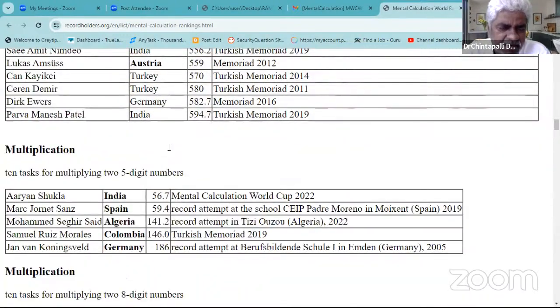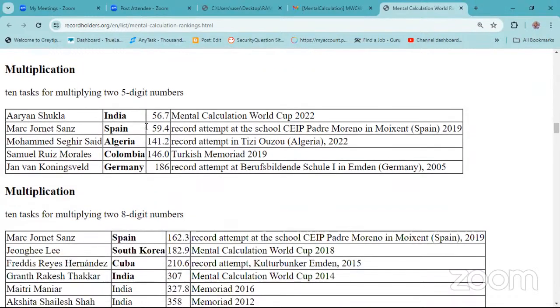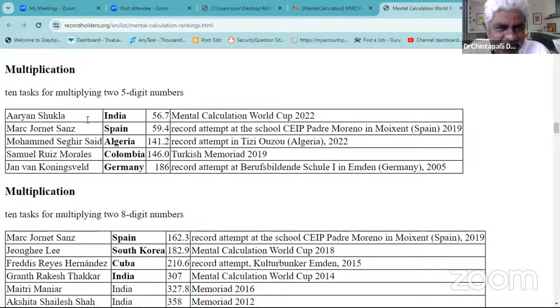And multiplication, I told you how to, sometimes I told you some shortcuts. Regarding this, the first place, Aryan Shukla, India, and surprisingly he is champion of juniors, and overall champion is also this boy. At that time, his age was 13 years only.